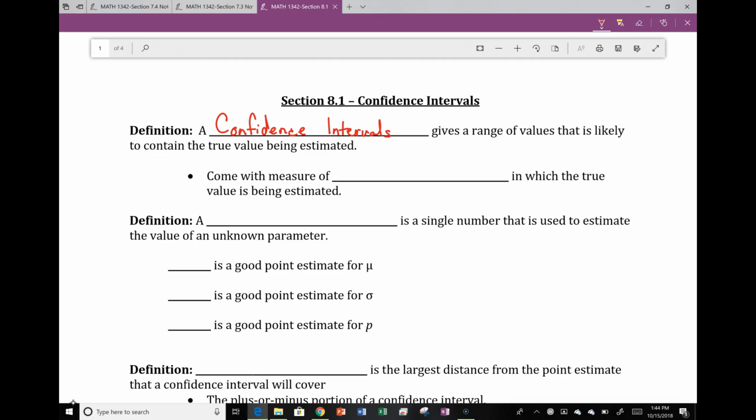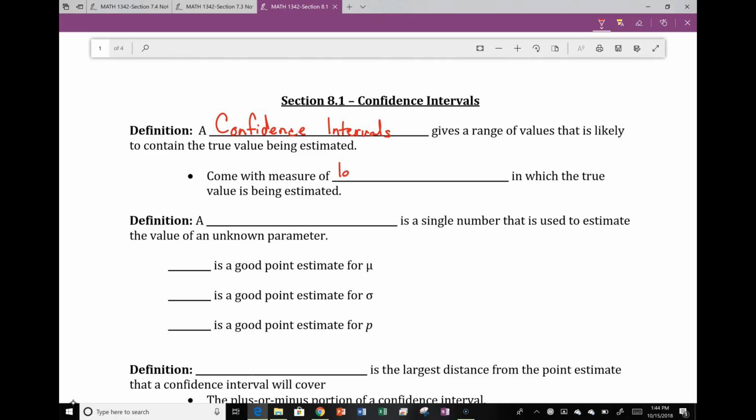We're having to base this off of information that we know, so we're having to base this off of the sample mean or sample standard deviation. But we want to come up with this confidence interval to identify where the mean should be between.